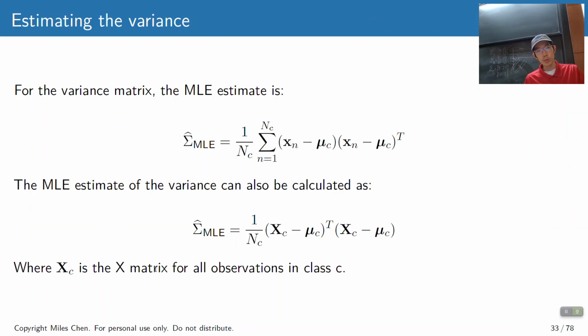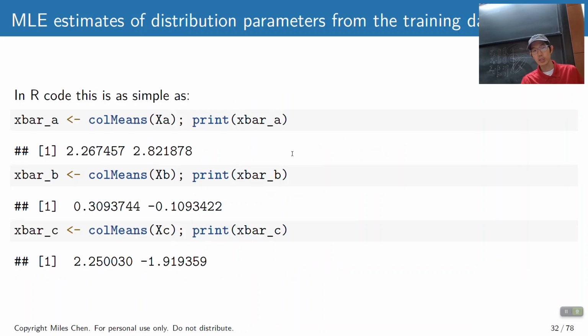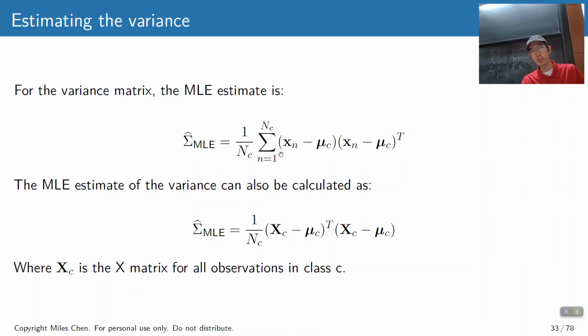Similarly, for the variance, we take each of our observations and we subtract off the x bar, right? So I guess the definition of the variance would be our x's minus the true mean, squared.